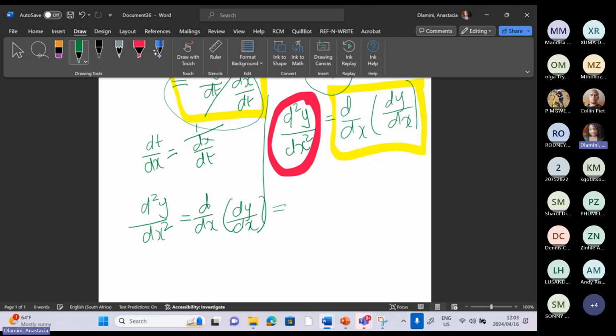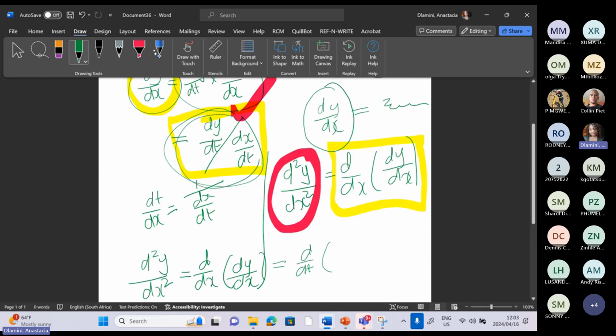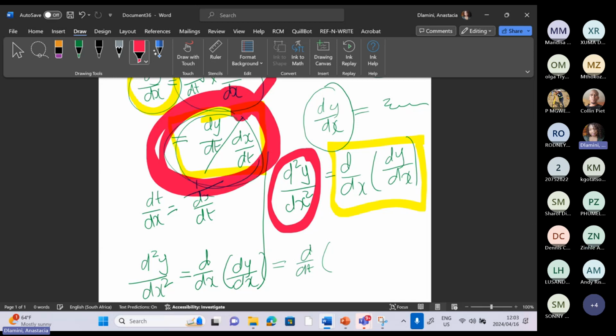You're going to take your dy over dx and differentiate it with respect to t, because this term over here is with respect to the other independent variable. If we use t, it will be with respect to t. If we use theta, it will be with respect to theta.